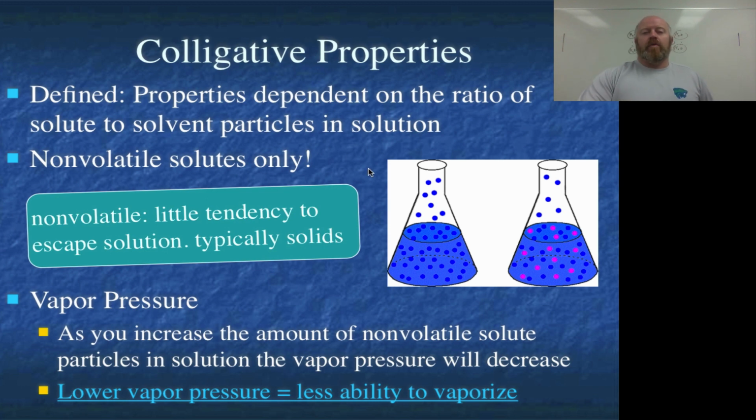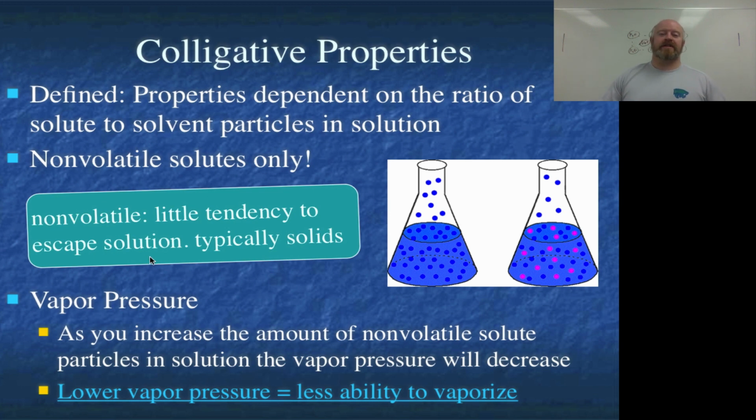Now, one thing we need to be aware of is this is for non-volatile solutes only. If you know a volatile person, it's probably somebody who's kind of angry and changes very quickly. Non-volatile means it doesn't evaporate very quickly. Volatile solutes are things that evaporate on their own very quickly. Non-volatile means that they don't evaporate, or another way of saying that is tendency to escape a solution.